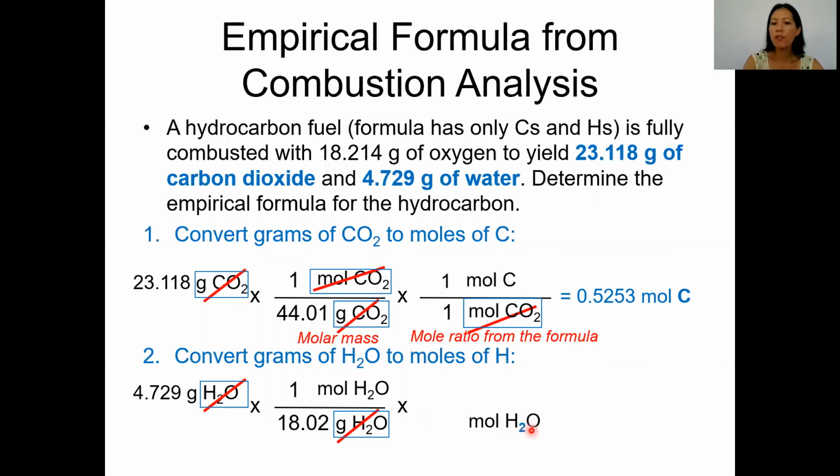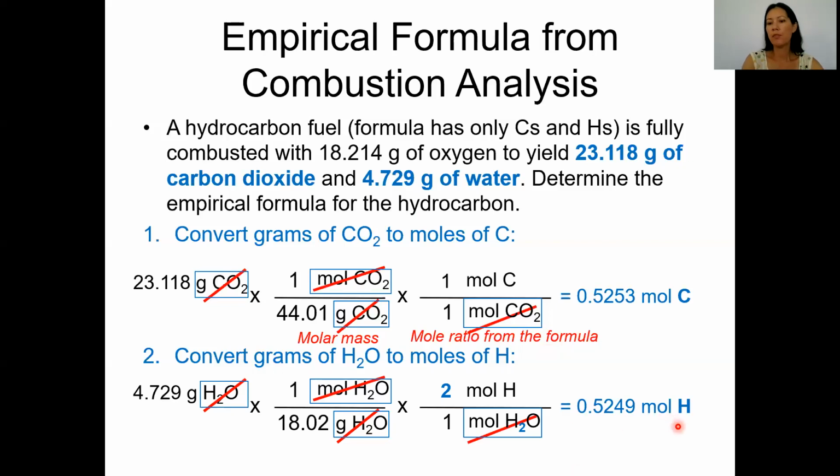Then we need to go from moles of water to moles of H. How do you do that? You literally count the number of H's in the formula. This is because we're just trying to pick out H from this whole compound. So for every 1 mole of water, there are 2 H's, 2 moles of H. Crunch the numbers, you get this many moles of H.